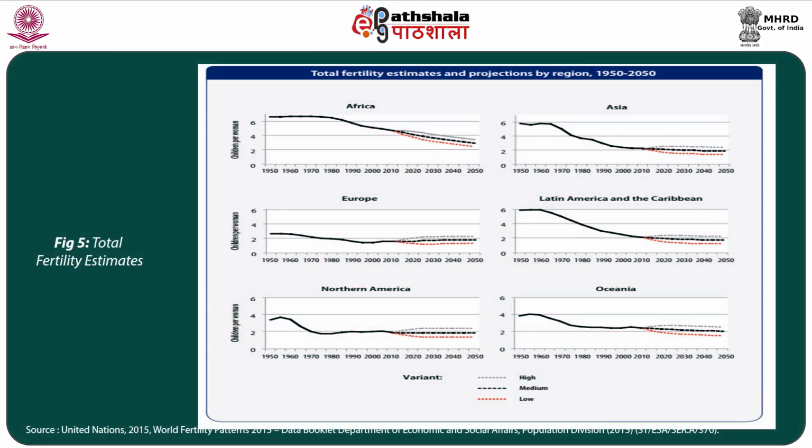Let us now look at figure 5 that gives the estimates of total fertility rate and the projections by region for the period 1950 to 2050 on the basis of UN publications on fertility patterns.